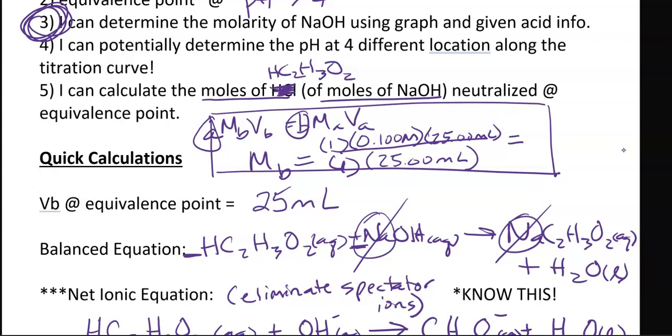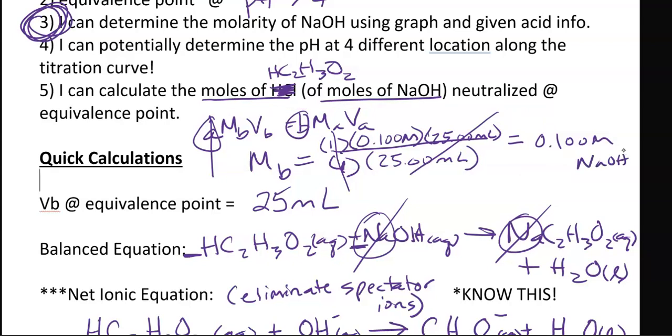Do the math here, and I think you'll notice the volume and the coefficients there for the acid and base cancel. So the only thing you're left with is 0.100 molar, and that's our solution. That's our molarity of our sodium hydroxide. Okay, so there we go. So we have figured out the molarity of our sodium hydroxide, even without having to do any other calculations.